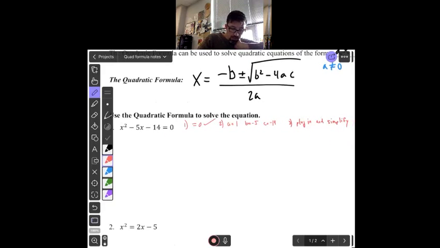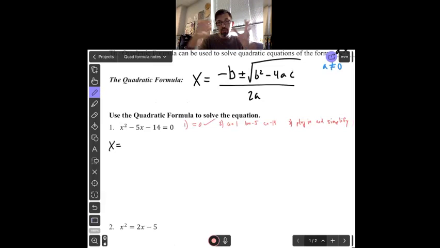So what I like to do, and I've probably mentioned this term before, is set up my shells. Okay? So x equals, and then I go through and take all the letters out of the formula, but leave all the other symbols there. So I have -b, but I'll just put negative and leave a space to plug stuff in.